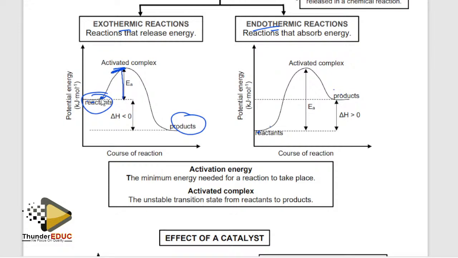From here to here is the activation energy of the forward reaction. When you talk about the reverse reaction, from here to here is the activation energy for the reverse reaction. From the reactant to the product, the change in energy there is the enthalpy change. Please take note of that.